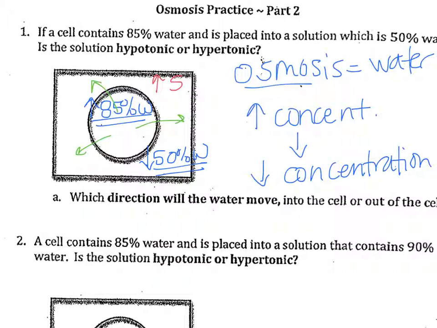If water is high inside my cell, I know that my solute is low. And once again, our question asked, what is the solution? And anytime we are looking at hyper versus hypotonic, we are referring to the concentration of solute.